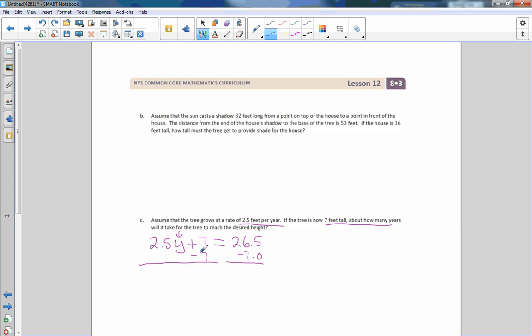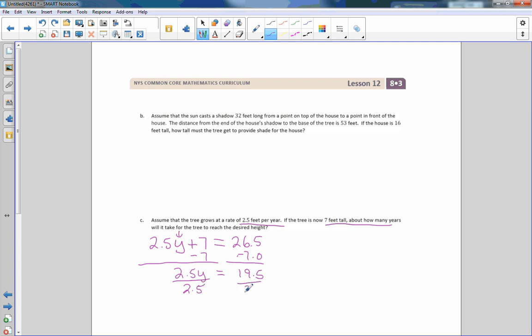So 7 minus 7 is 0. 2.5 times y is still 2.5y equals 26.5 minus 7, which is 19.5. So if the tree's already 7 feet tall, it needs to grow another 19.5 feet, and it grows 2.5 feet a year. Now we can find how many years it will take.